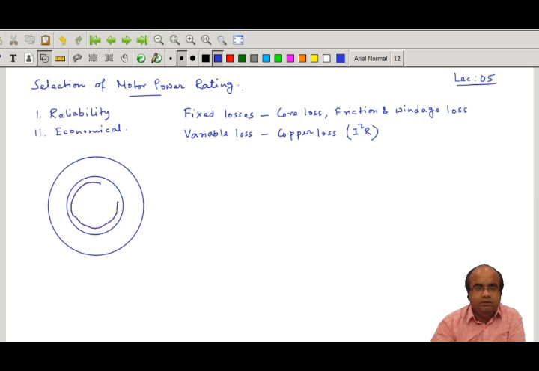This is the shaft where the mechanical load is coupled. When the mechanical load continuously increases, the heat will increase because of the different losses. Core loss and friction windage loss are constant, but the copper loss is continuously increasing.